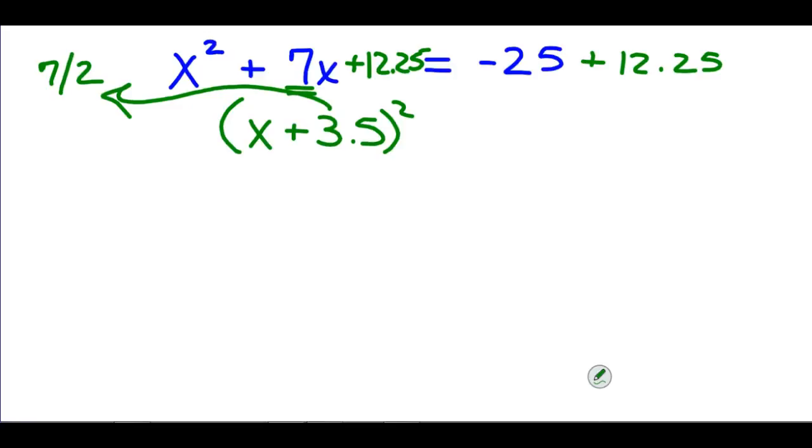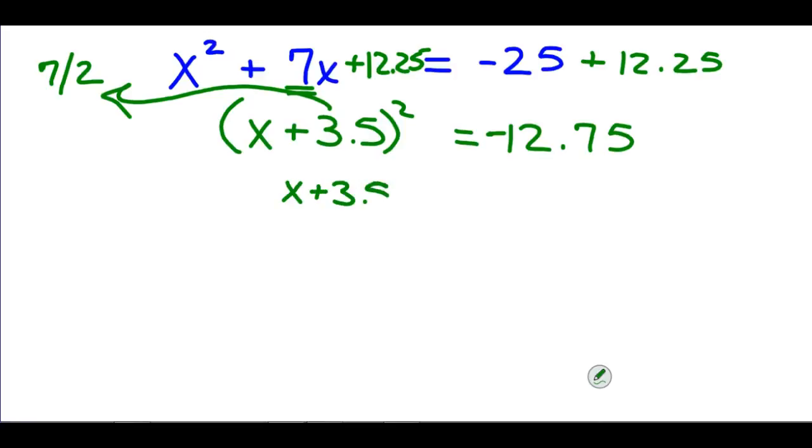So now it's factored. You go to the other side. Negative 25 plus 12.25 is negative 12.75. Thank you. So it's negative. And by the way, make sure that your negatives really look like negatives and that they don't get lost in the problem. Now we have to take the square root of both sides.